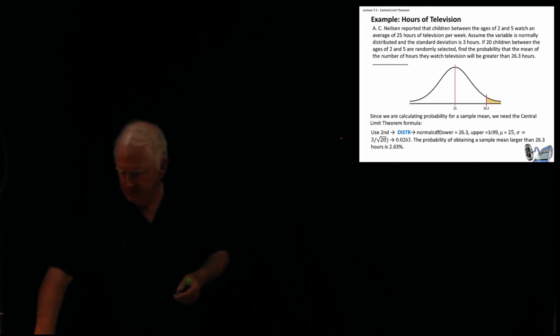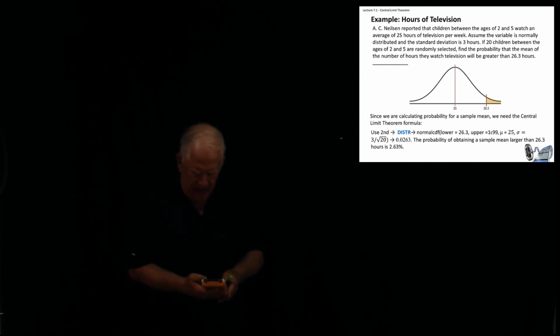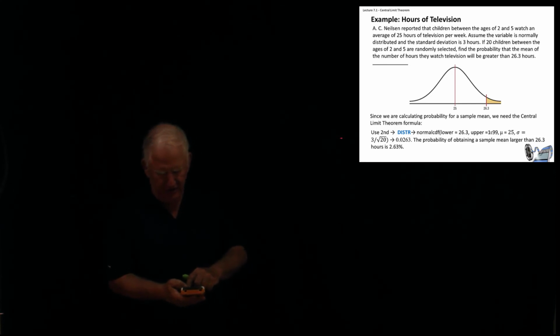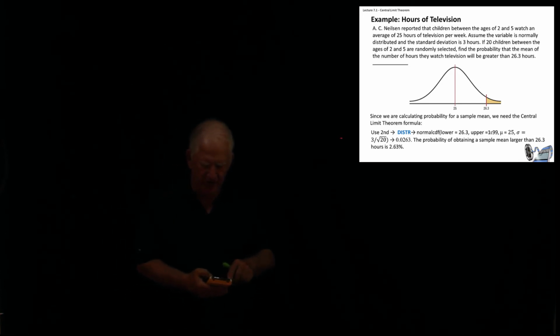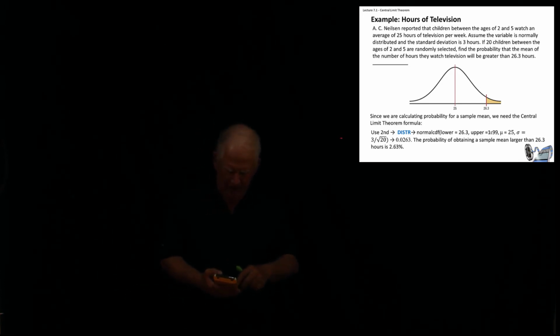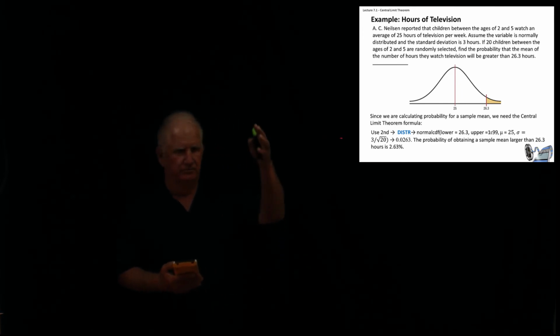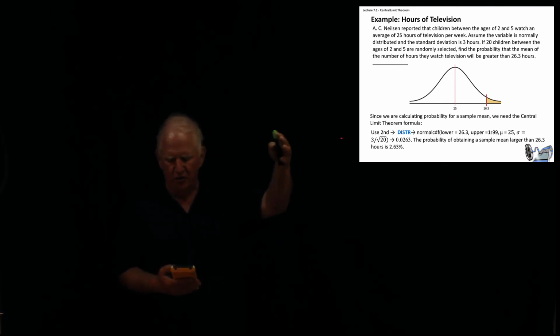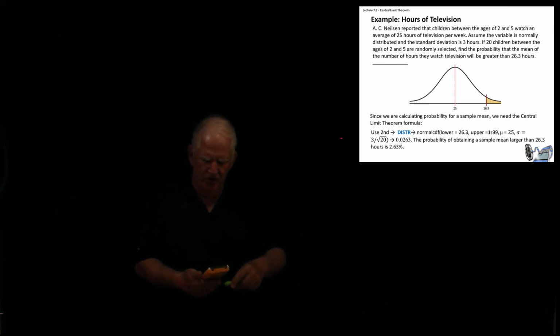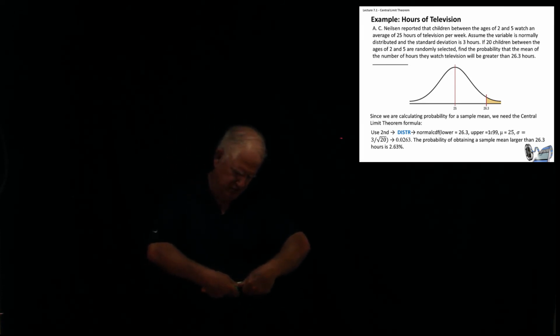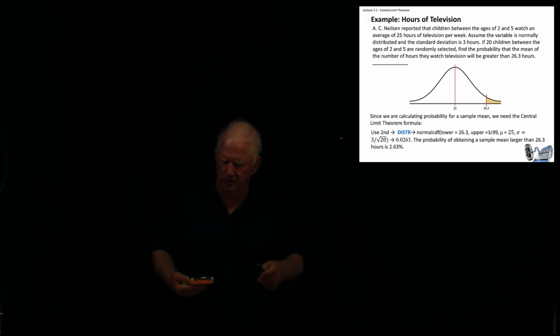So, maybe some of you are out there right now pulling out the calculator, going to second distribution, running down to normal CDF, and maybe you're ready to throw in 26.3, plus 99999 or 1E99, mu equals 25, sigma equals 3, and that's just as you did in the previous chapter.